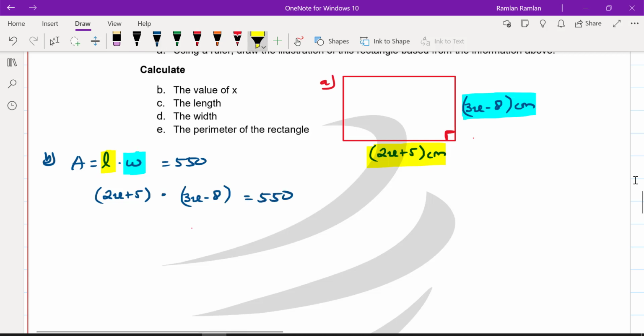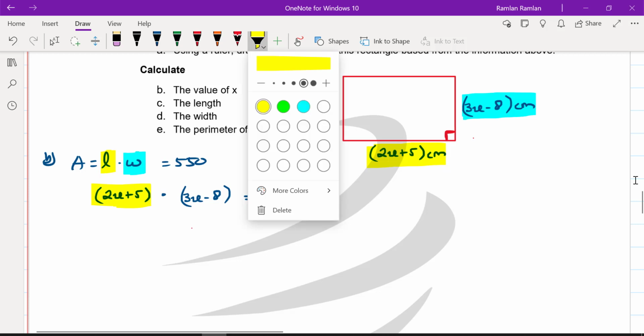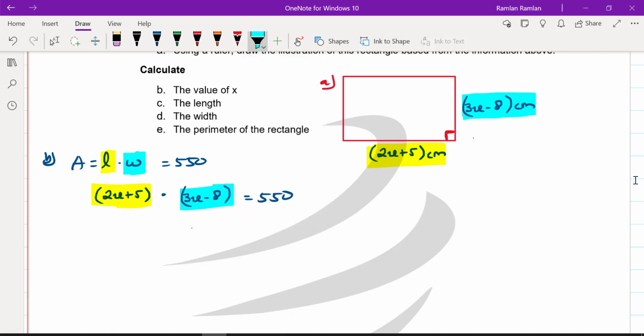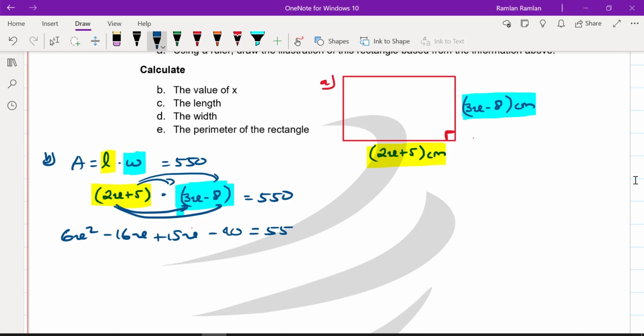Now we can open the brackets. 2x times 3x will be 6x squared, and then 2x times minus 8 will be minus 16x, and this one becomes plus 15x, and the last one is going to be minus 40, equal to 550.